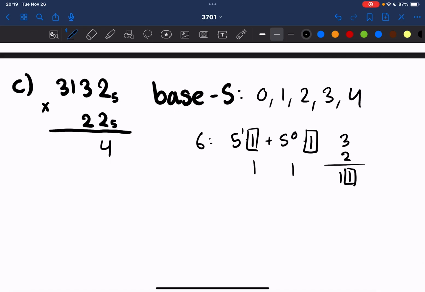Take that first digit, carry the second. So what do we have? We have 2 times 1, which is just 2, plus 1, that's 3. That should be fine, right? And then 2 times 3 again, well, that's just 6, and we've already done that calculation right here. So we can just say, okay, put the 1, carry the 1. There's nothing there, so we do that.